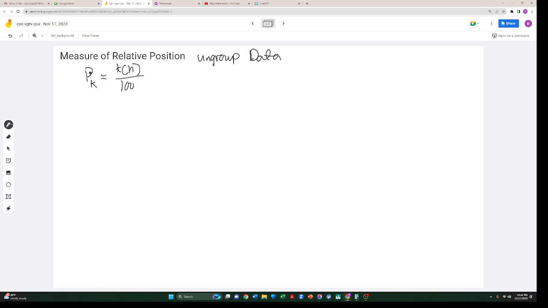Why 100? Because percentile represents percent, so out of 100. Then plus 1 minus K over 100th, which is the rank. Okay?